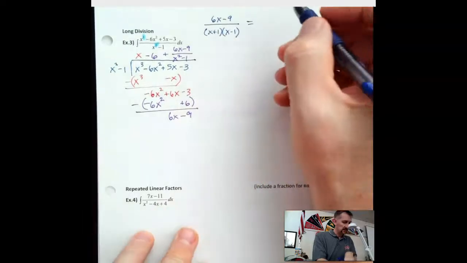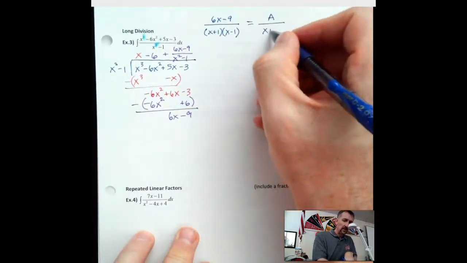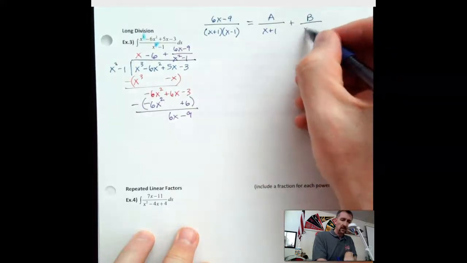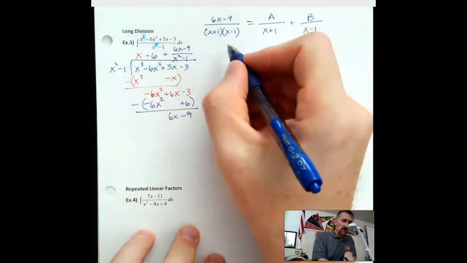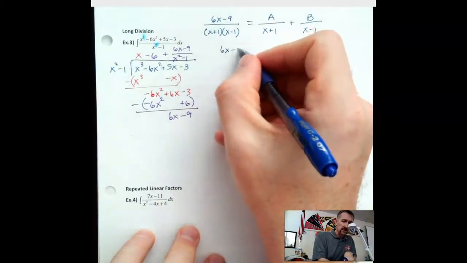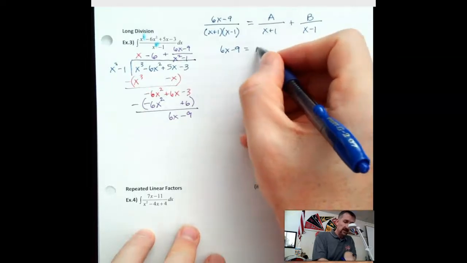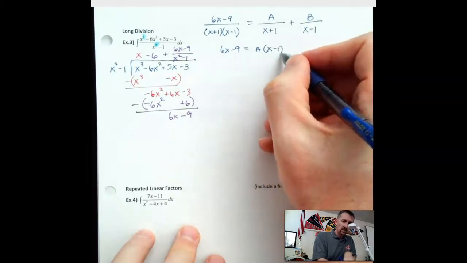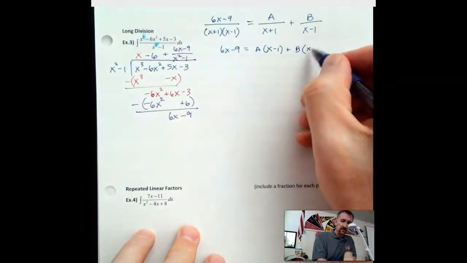And so that's going to be a over x plus 1 and b over x minus 1. Alright, so we're going to multiply the whole thing by the common denominator, and so that's going to be 6x minus 9. And this is going to be a times the x plus 1s will cancel, so it'll just be x minus 1. And here the x minus 1s will cancel, so it's just going to be x plus 1.